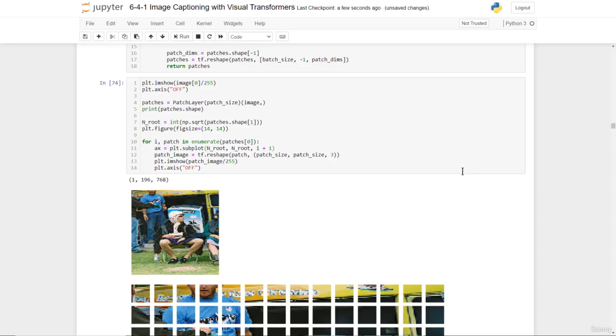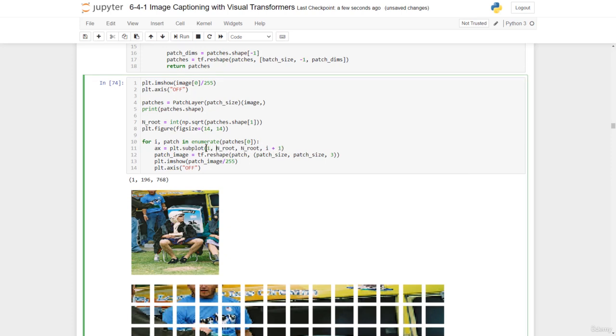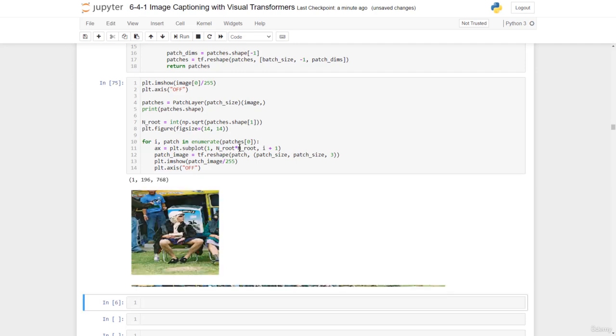Let's now look at this slightly differently. Instead of the n root by n root, we have 1 by n root square. So that's it. Run again. Now it looks more like what gets into the model, as here we have each patch aligned along this one horizontal axis right here.